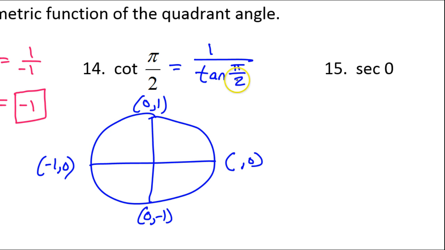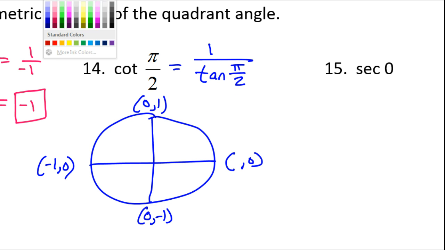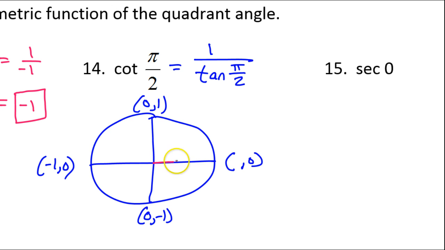Now, pi over 2 is right here. If this is the initial side, then this would be the terminal side of pi over 2. Alright, so focus your eyes on that spot right there.